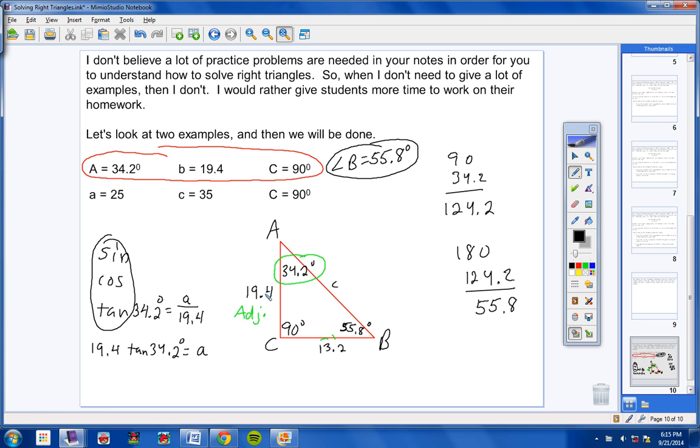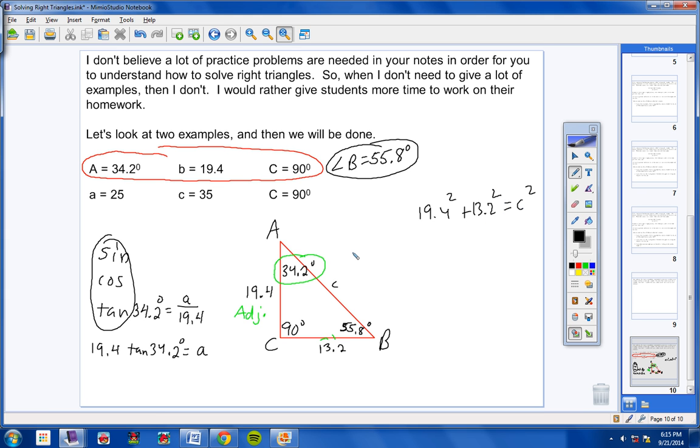I know one leg is 19.4, and I know another leg is 13.2. So for me, it's just easier to take my calculator and say one of my legs is 19.4 squared plus my other leg is 13.2 squared equals C squared.